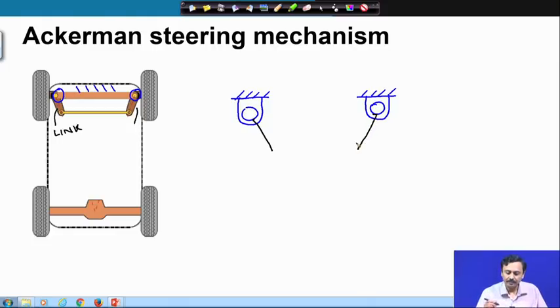At the end of these two links, there are two more kinematic pairs, which are connected by this coupling link. These links are connected to the wheel, which steers the wheel.